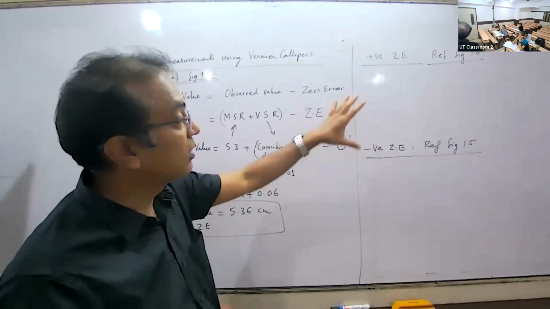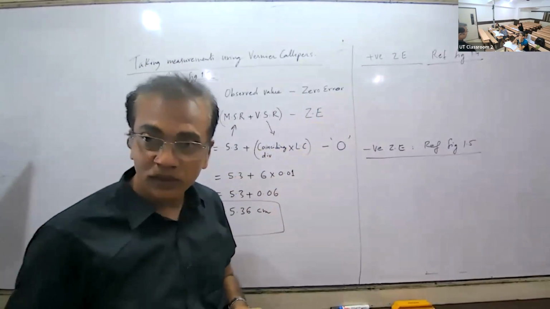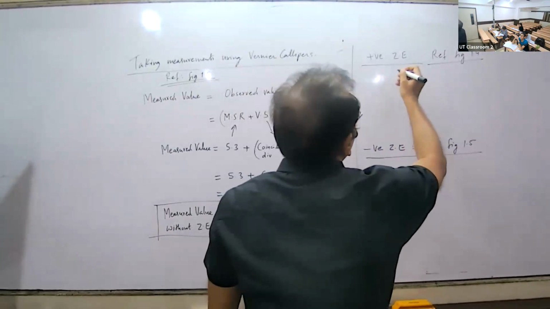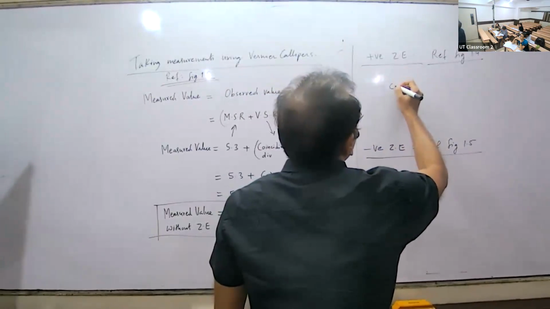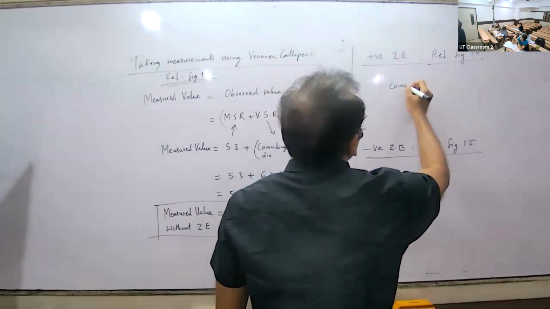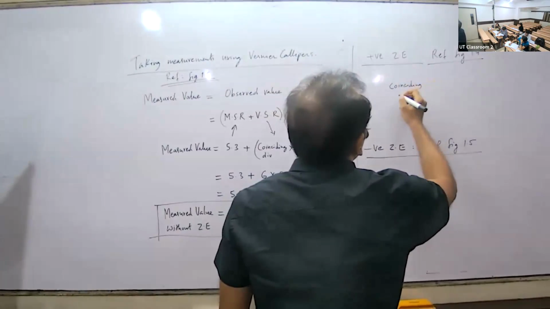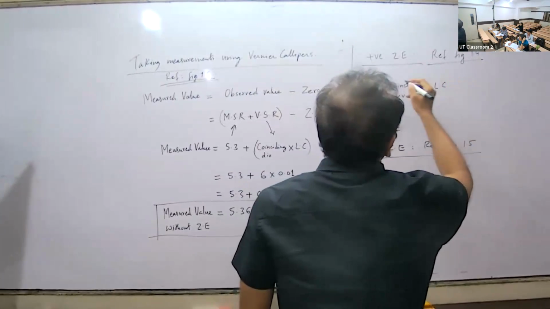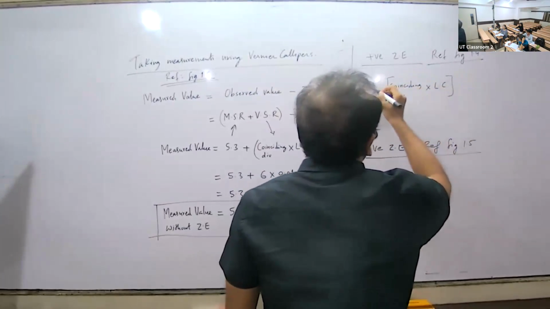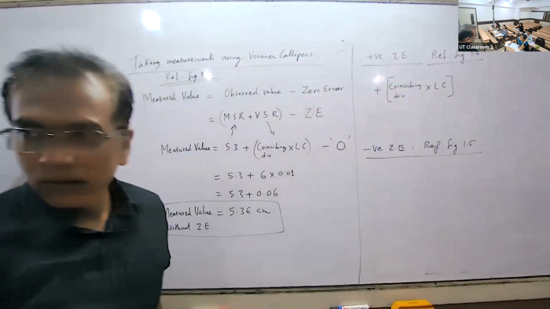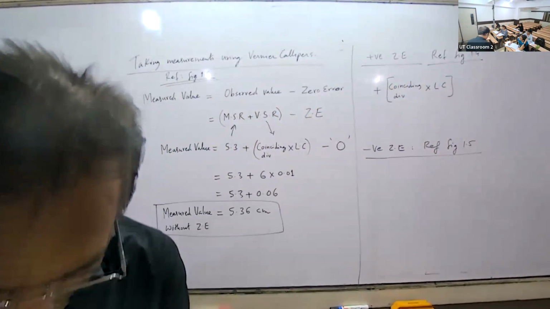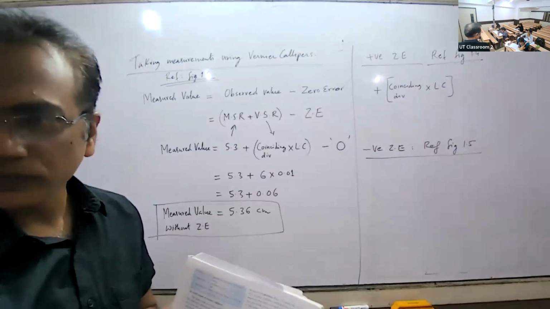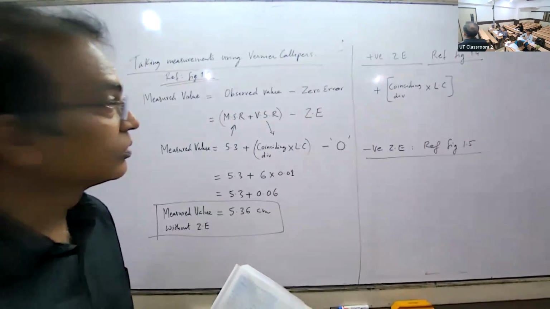Now let's write down how to find the zero error. It's very simple. In this case, it is the directly coinciding division into least count, and it has to be written with a plus sign. For this example, you can see the coinciding division is 6 in figure 1.4.